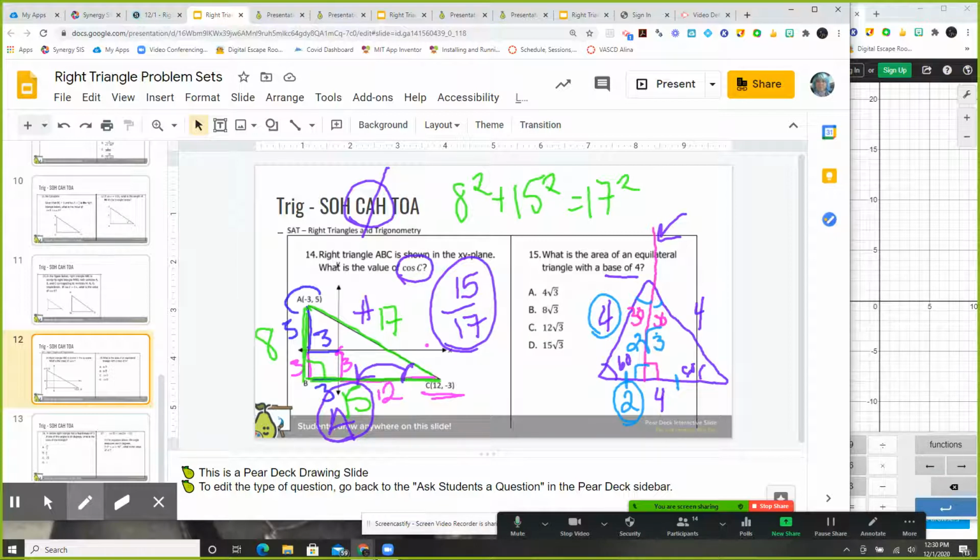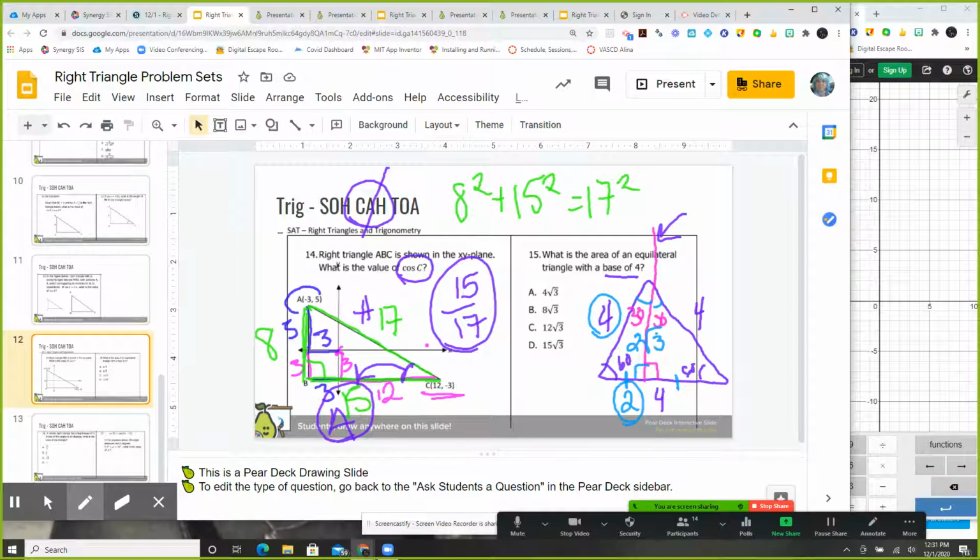Why 3? Because it's in the answer choice. That's an excellent reason. What's another reason? How many different kinds of angles are there? There's 3, so it's a square root of 3.